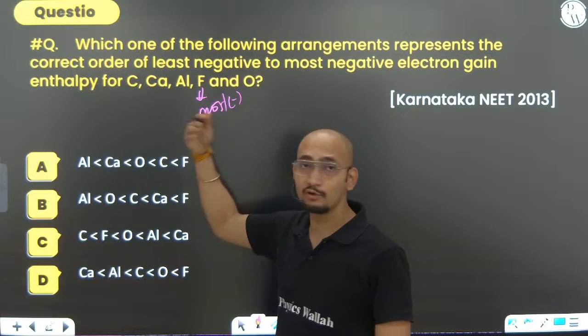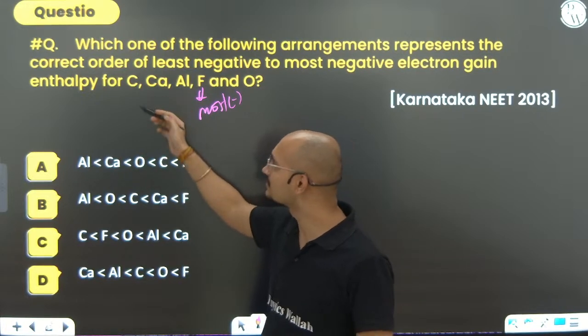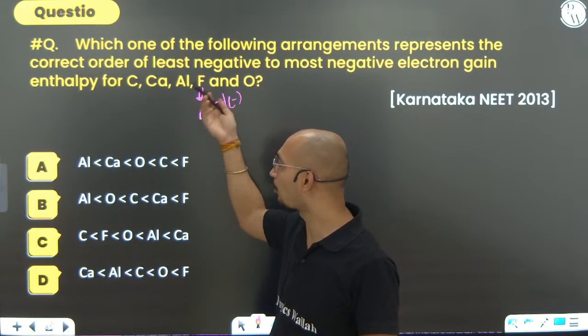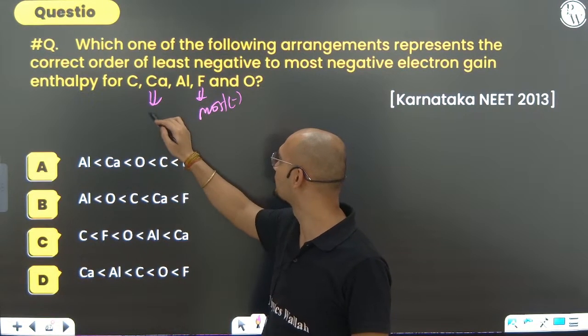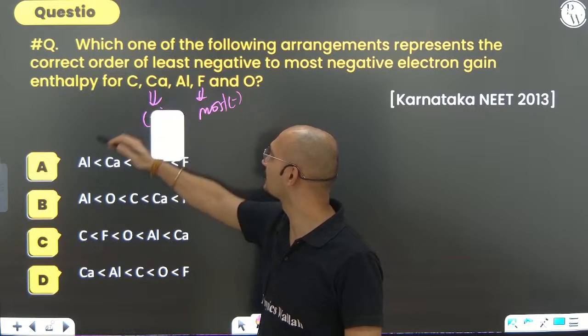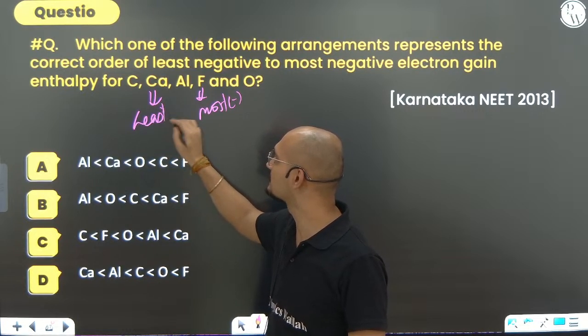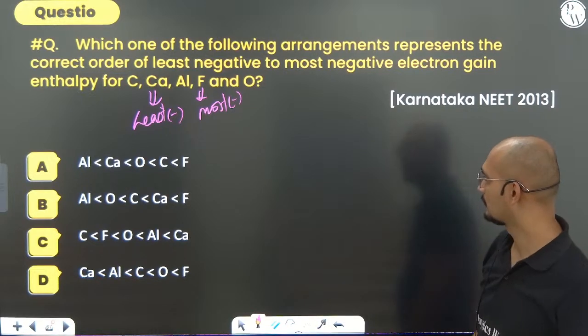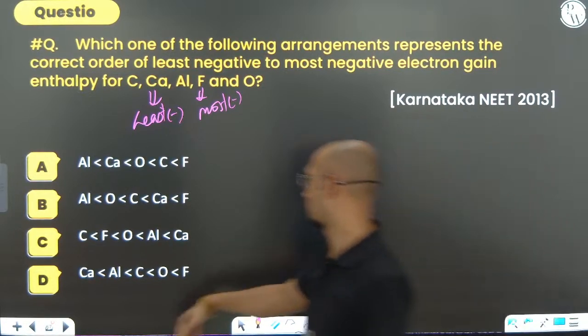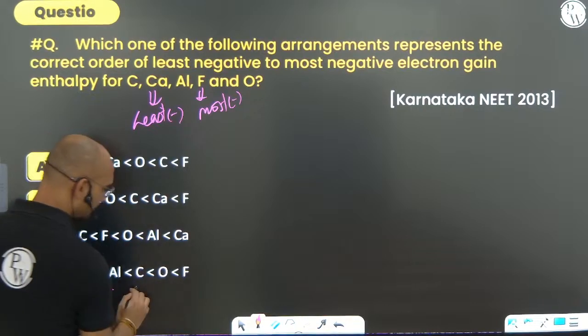But if you talk about the least negative, calcium is going to be positive because it is from the beryllium family, so it is the least negative. So option D is correct: calcium, aluminium, carbon, oxygen, fluorine.